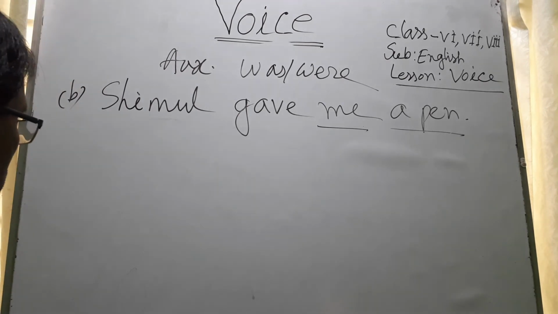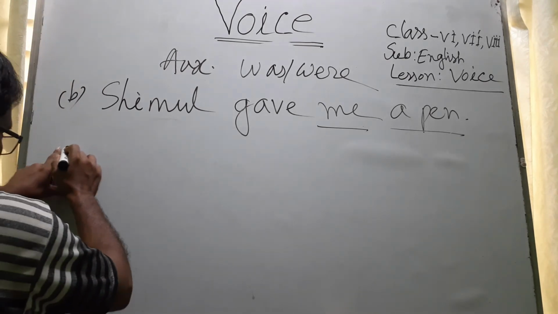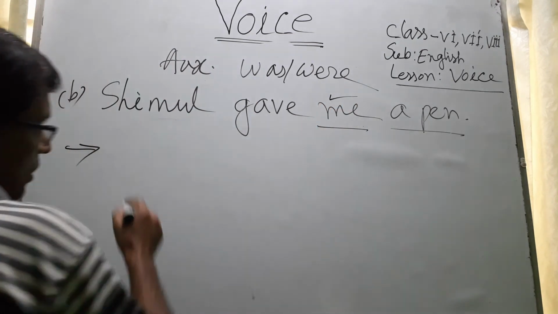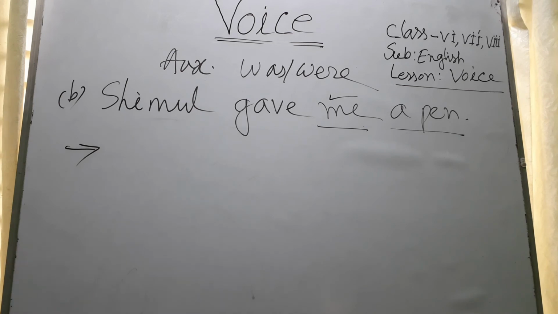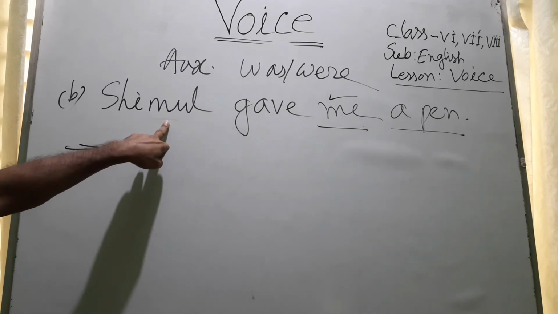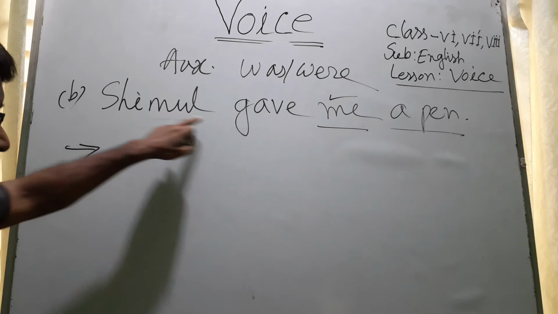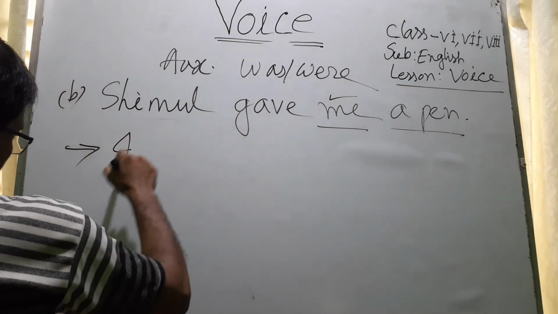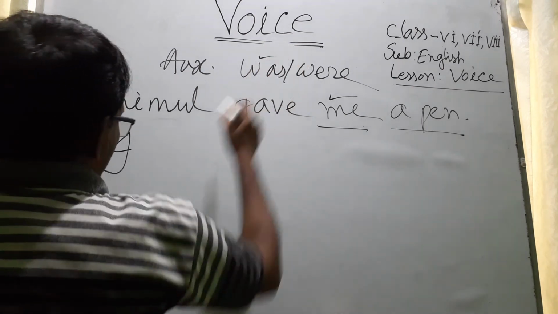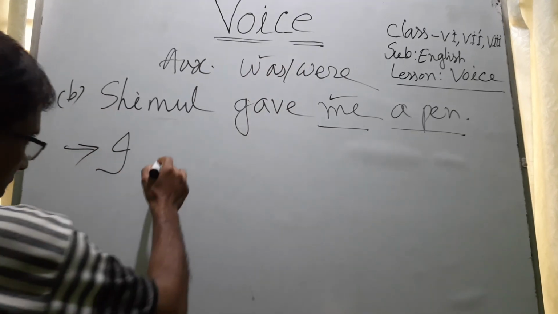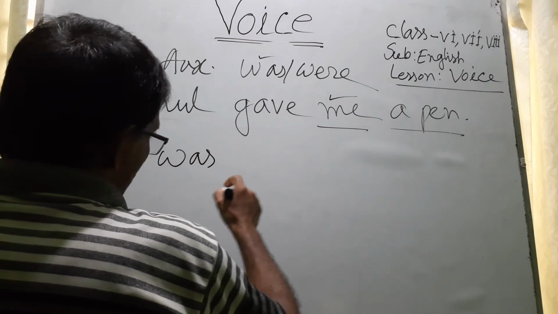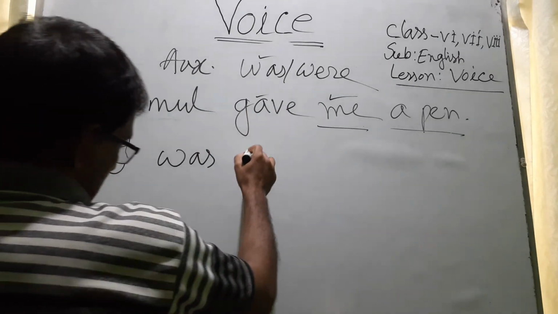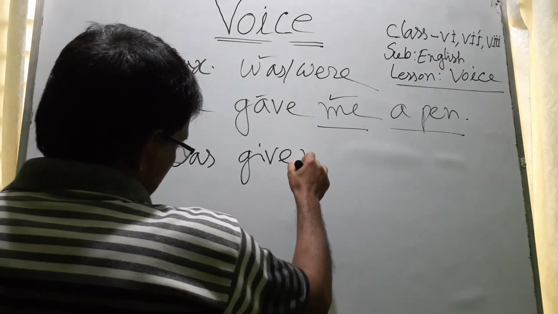Okay, now we will see the passive voice of this active voice. First person singular, I was, and then main verb past participle, given.